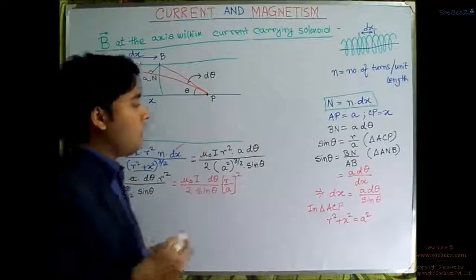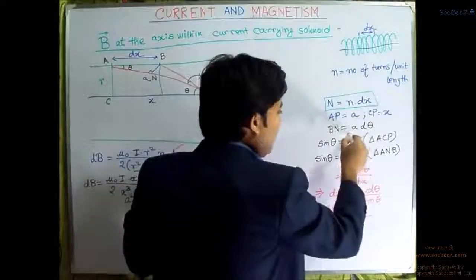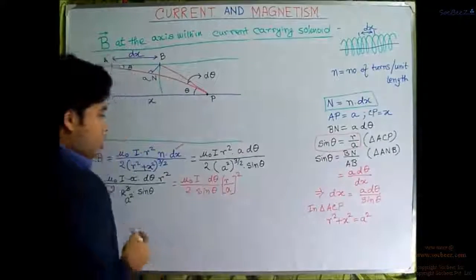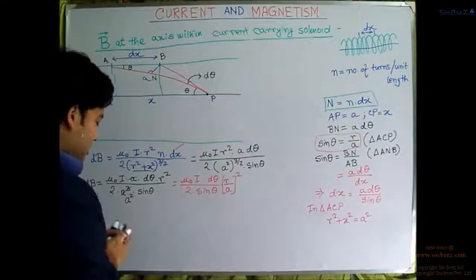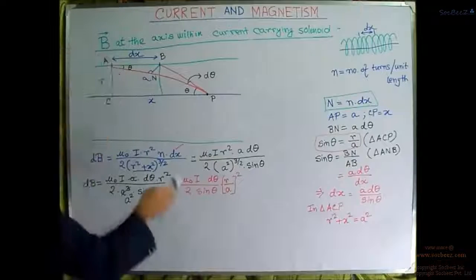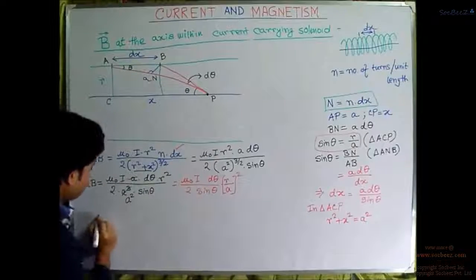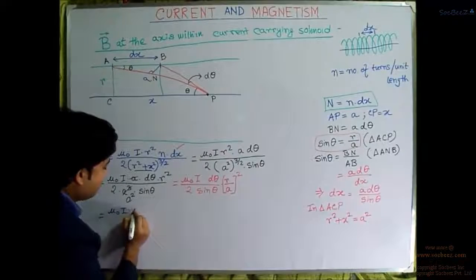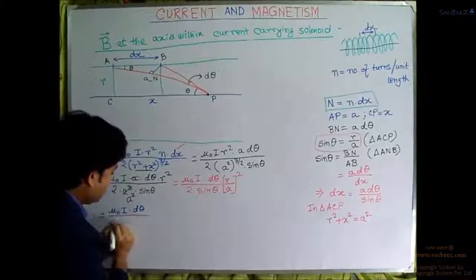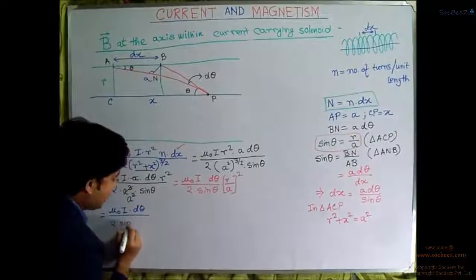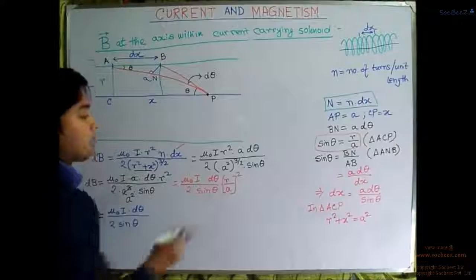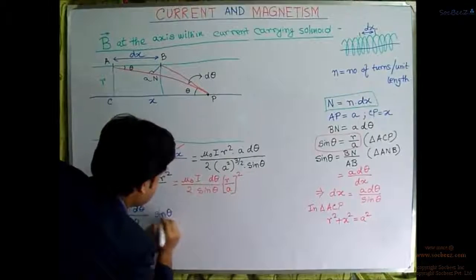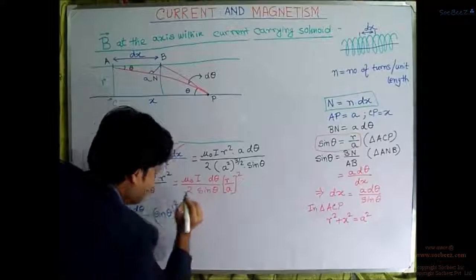Now what is r divided by a? R divided by a is basically equal to sine theta. So we can write the next expression, reducing as, this will be equal to mu naught I multiplied by d theta divided by 2 sine theta multiplied by sine square theta, or sine theta to the power 2.